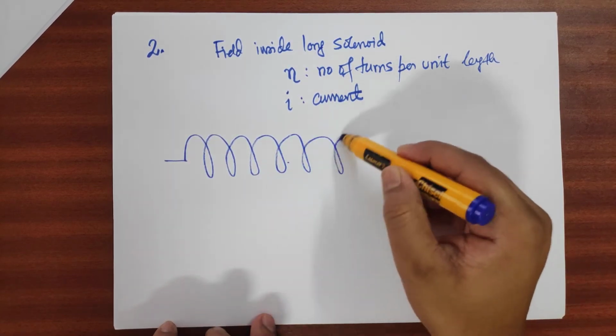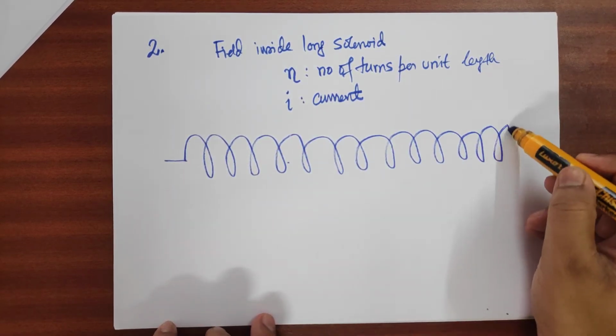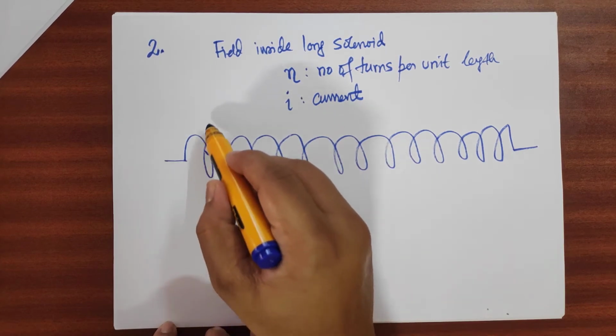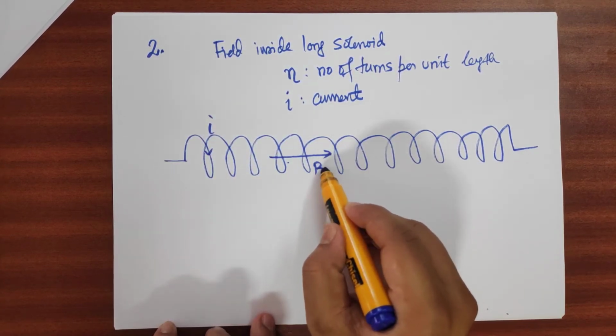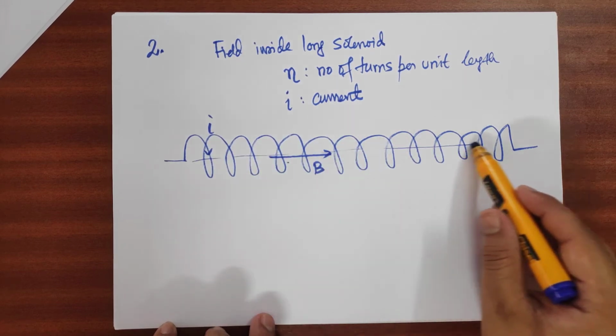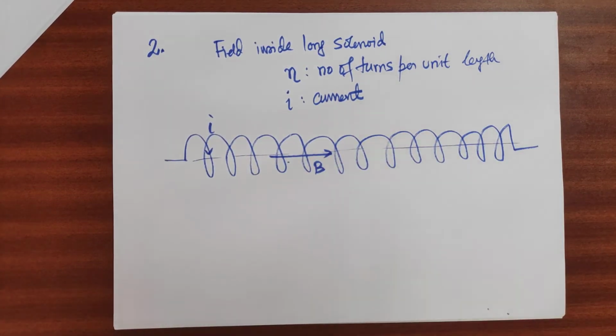So it's like this long solenoid, and current flowing like this. So this is the magnetic field B inside and on the axis of the solenoid.